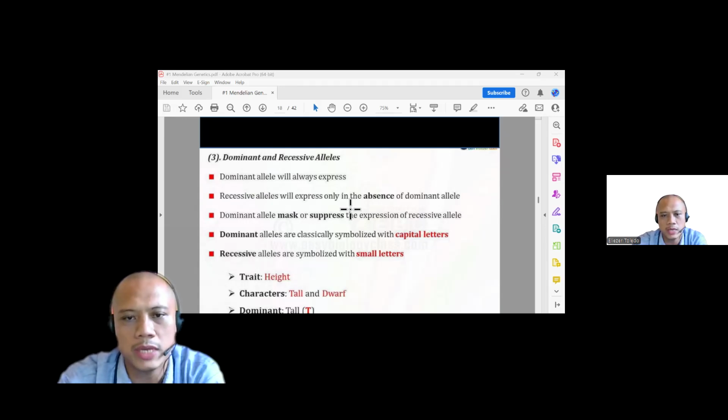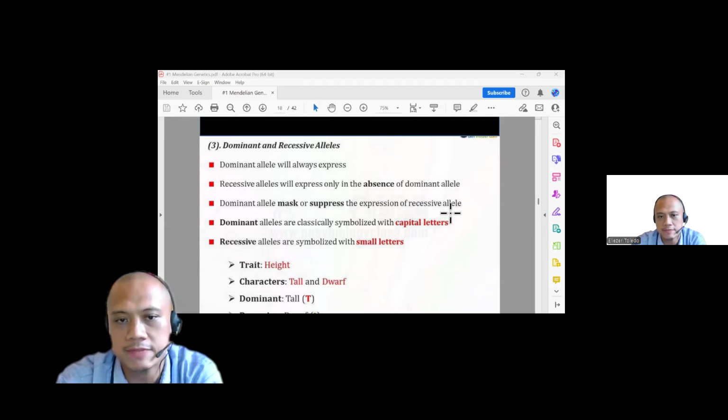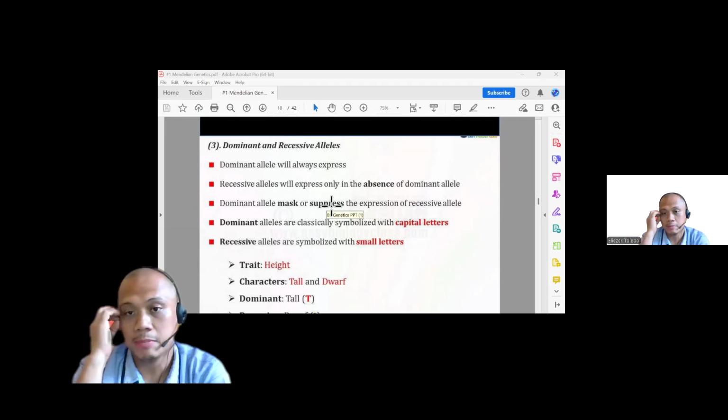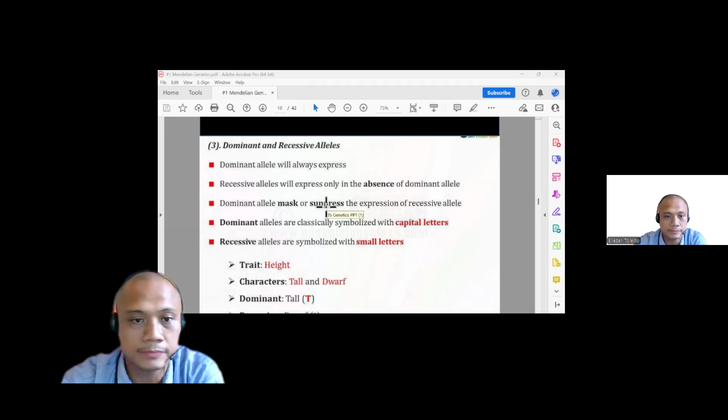It will express only if there is no dominant allele or dominant trait. A dominant allele masks or suppresses the expression of a recessive allele. Does that mean it deletes the recessive allele? It only suppresses, but the recessive allele is still there.